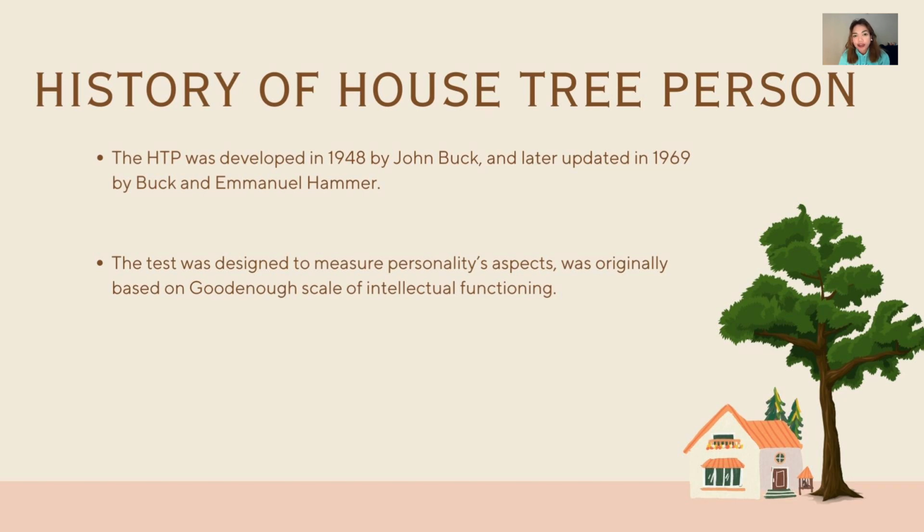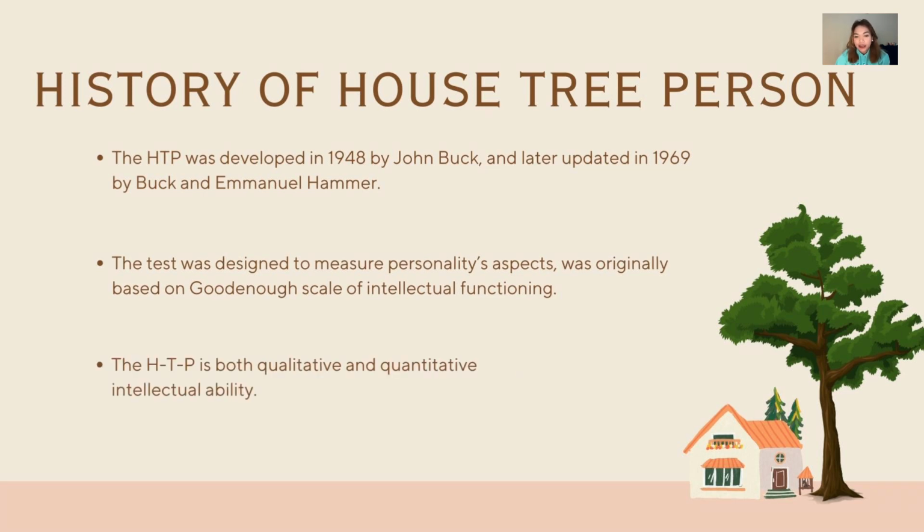It was based on the Draw a Man test created by Florence Goodenough in 1926. It was originally designed to assess children's intelligence, but Buck further updated the HTP together with psychologist Emanuel Hammer in 1969, so it could be used in adults also.